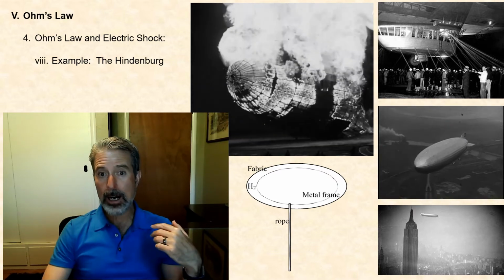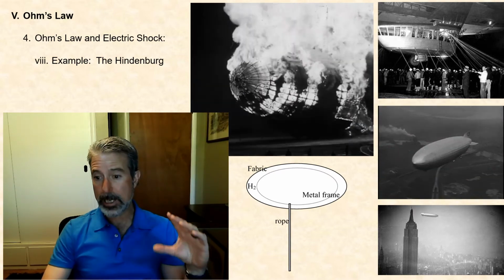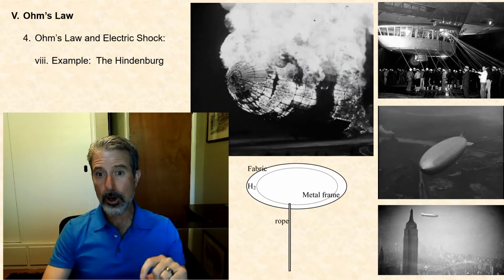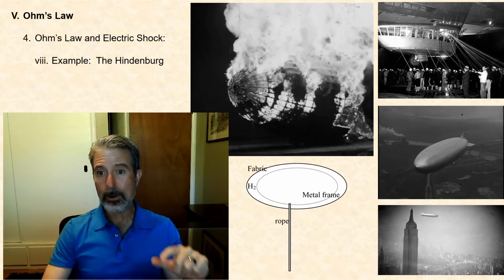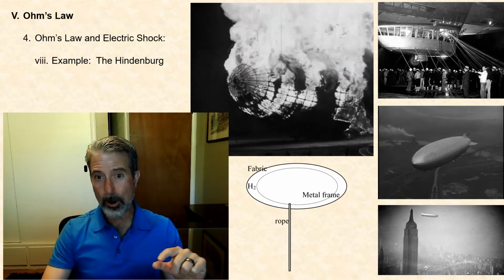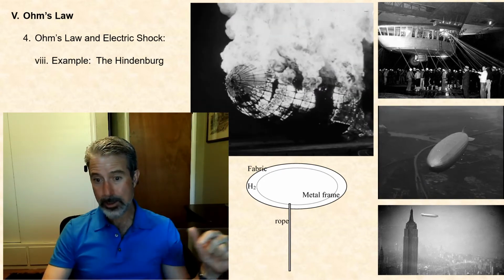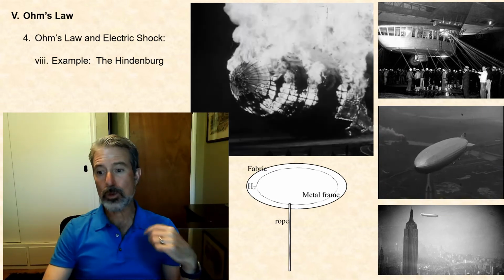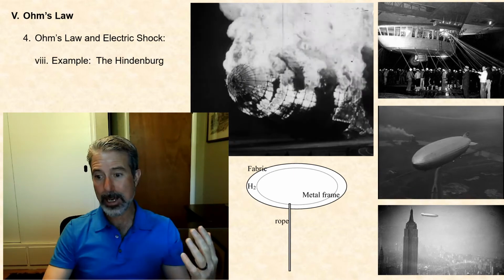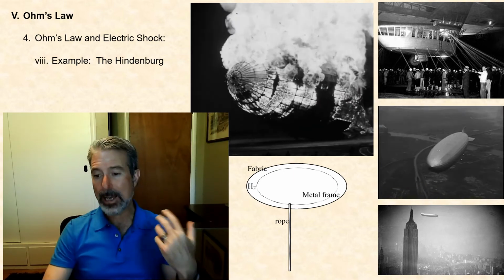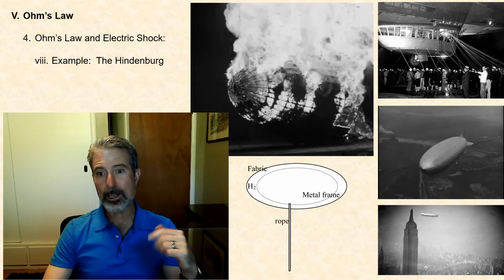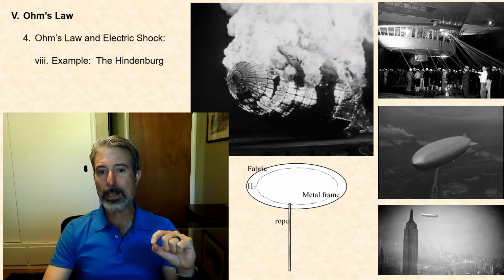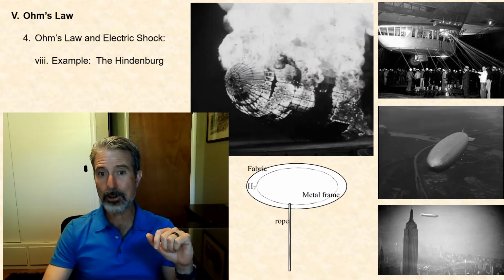This large potential difference between the outer fabric and the metal framework caused charge to flow along the wet fabric at the high potential and then spark through the released hydrogen to the metal framework, which was at a much lower electric potential, the potential of the ground. And this spark ignited the hydrogen in the process. And as the little video clip nicely illustrates, you can see the effect of that.